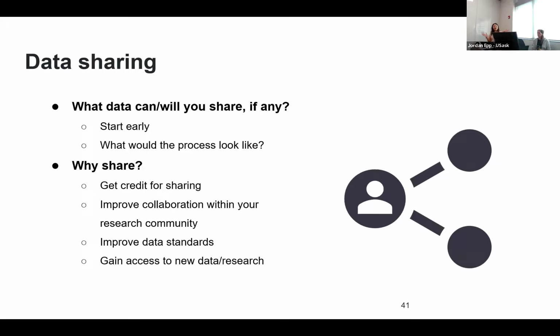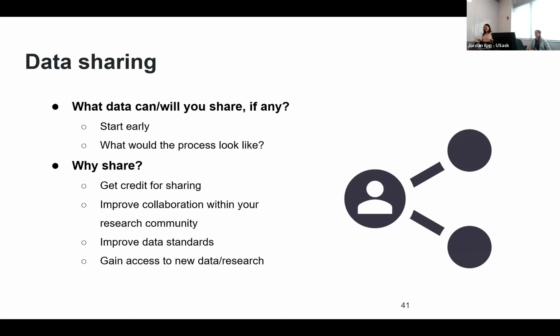So when we talk about why share, this kind of goes back to that open science idea, but a lot of the time you'll get a lot of credit for sharing. It'll also improve collaboration with the research community. It'll improve the data standards, because that's what we're continually hoping to improve. And then you'll gain access to new data and research, not only for yourself, but for others. When you need data as well, then it'll be really helpful.